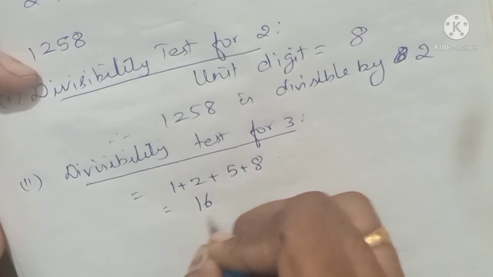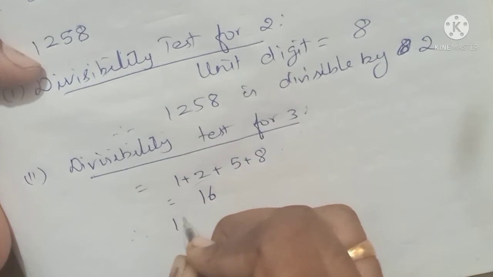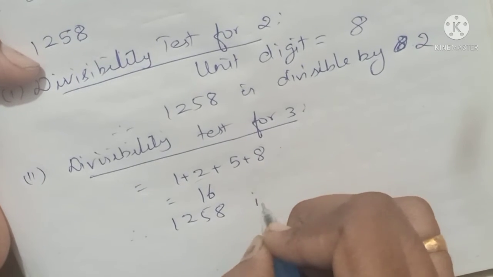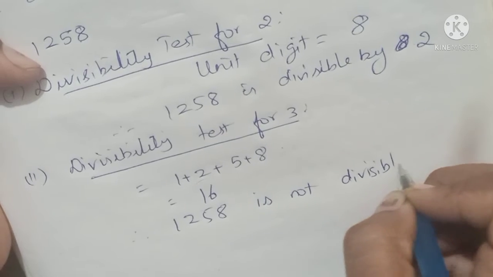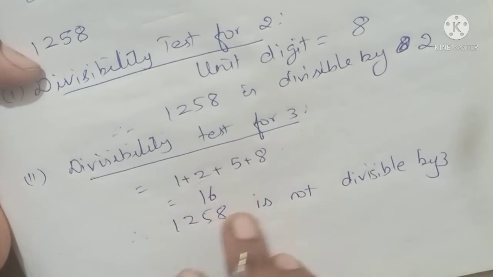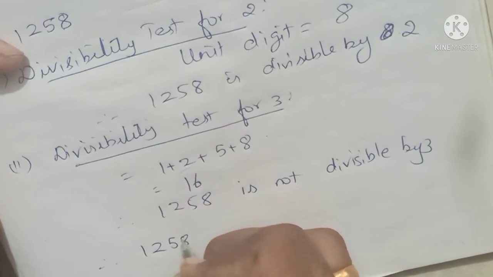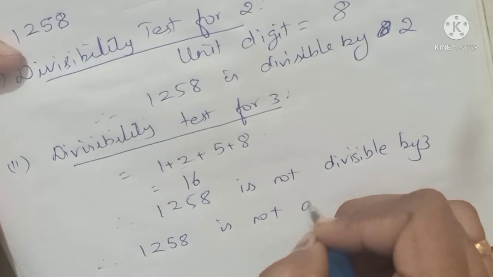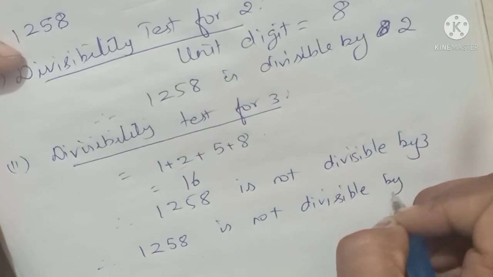So 16 is not a multiple of 3. Therefore 1258 is not divisible by 3. So this number is divisible by 2, but it is not divisible by 3. Therefore, we conclude that 1258 is not divisible by 6.